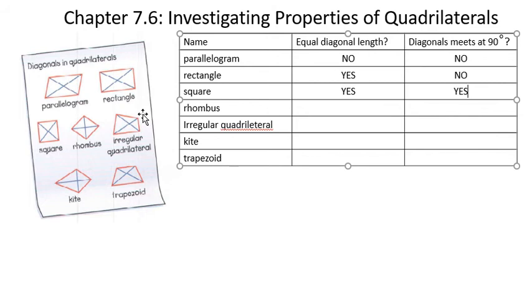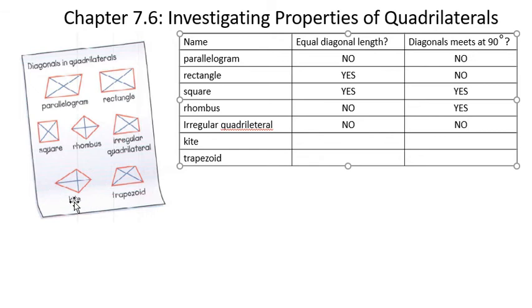Our next one, we're going to look at a rhombus. With our rhombus, you can see that the diagonals do meet at 90 degrees, so we can say yes. However, the diagonals are not of equal length. This diagonal is longer than this diagonal, so the answer here would be no. For an irregular quadrilateral, they don't meet at 90 degrees and they're not the same length, so that's no for both.